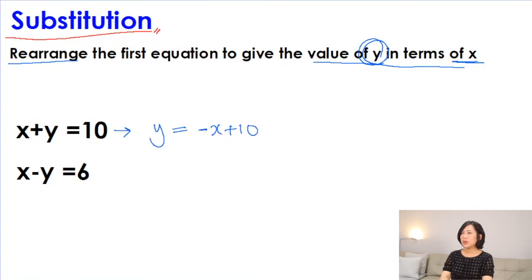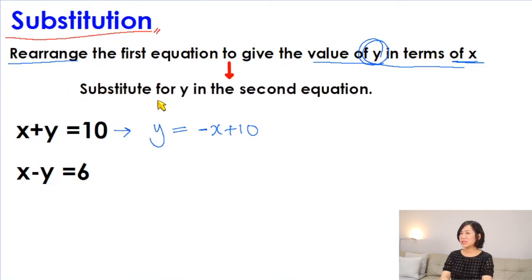Once we rearrange the equation in terms of y, then what we need to do is simply substitute for y in the second equation. So can you see the y here, right? Then instead of y, we just put minus x plus 10 because they are equal, right?